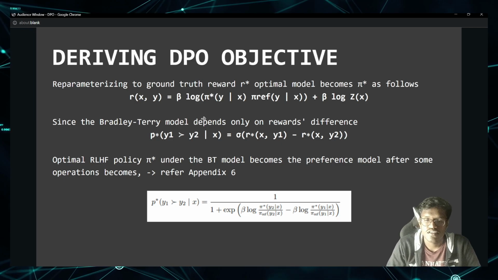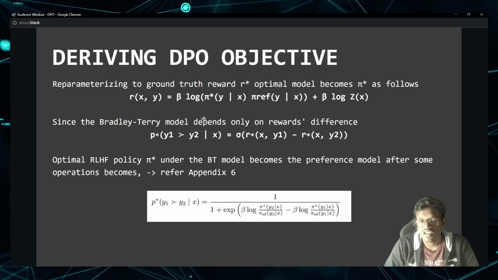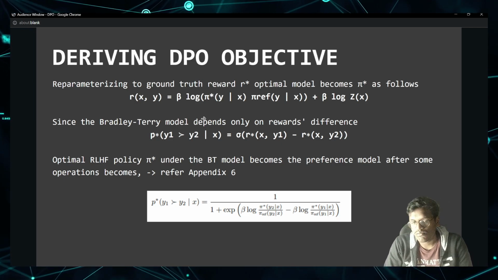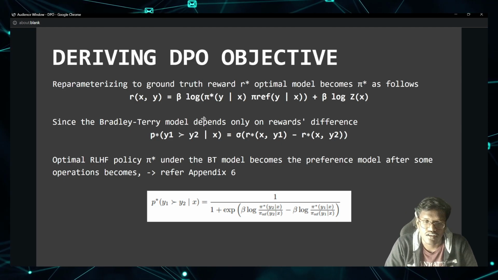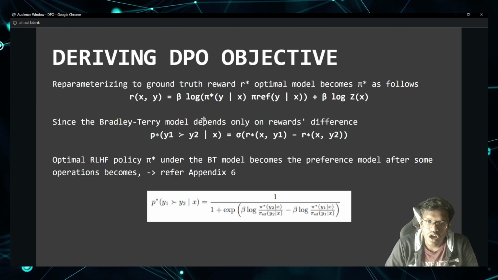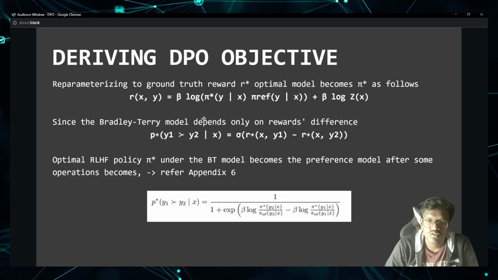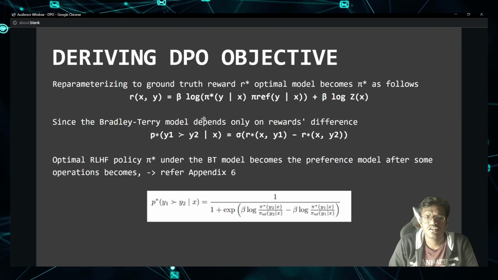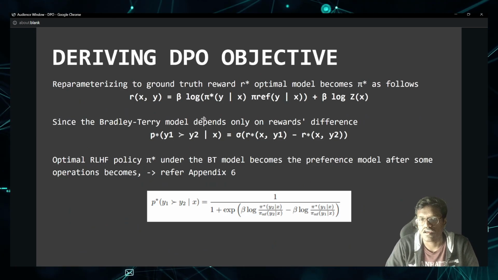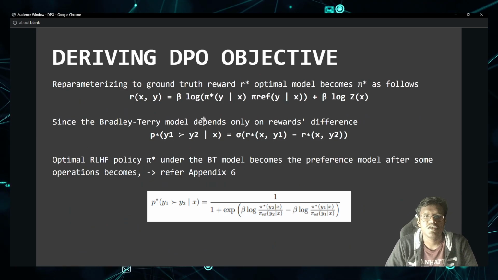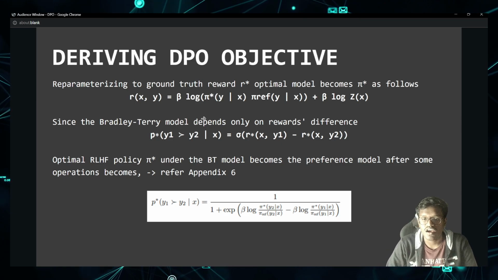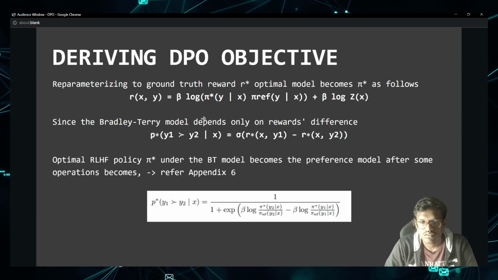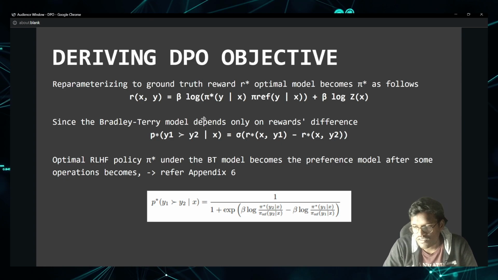So we are reparameterizing everything under r star. Wherever you see pi r, you can just replace it by pi star. So it is not r of x comma y, it is r star of x comma y. Sorry for the mistake.